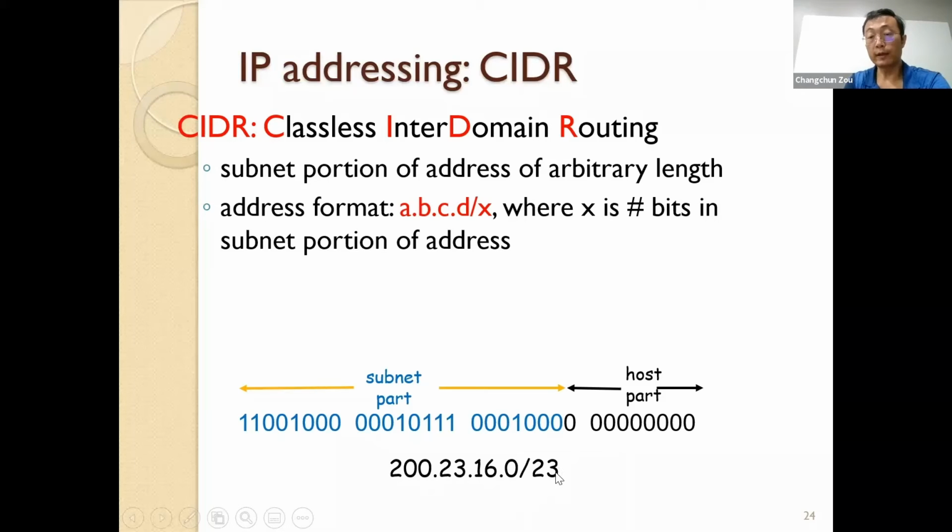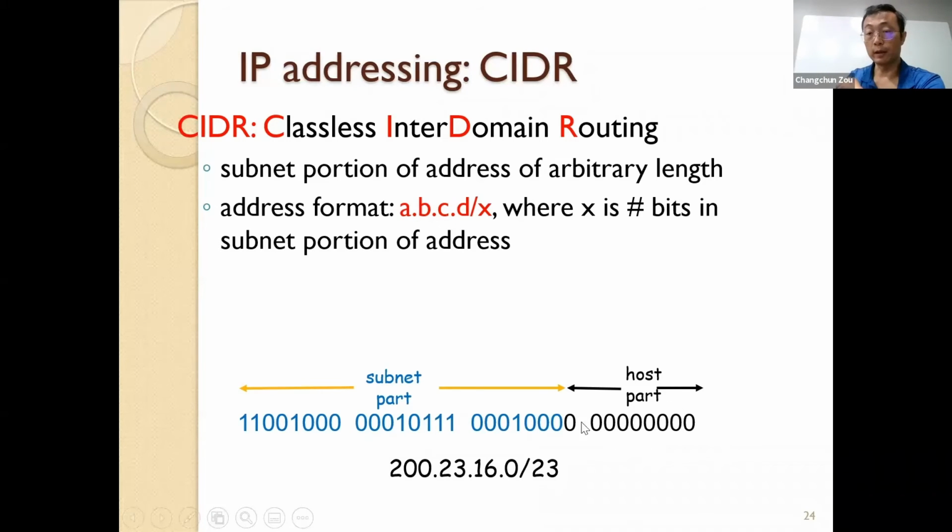The 23 just means the first 23 bits are identical for all the computers in this subnet, like in a local area network, or maybe in an organization. All the computers in this organization, if they belong to one single subnet, will have the first 23 bits, the first /x bits, identical.